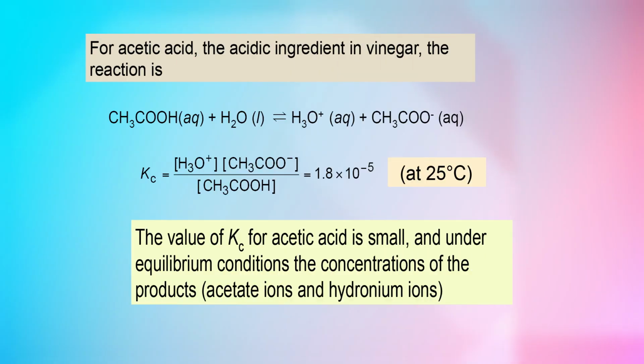You see acetic acid, carbonic acid, much less than 1. So, they are important. For acetic acid, that is vinegar, the Kc is 1.8 times 10 to the power minus 5. It is so small. The acetate ion and hydronium ion concentrations are very small, much smaller than the acetic acid molecules. So, it is a weak acid.